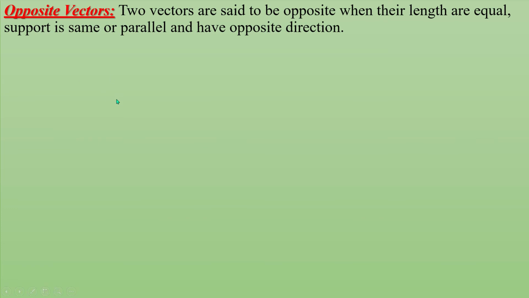Opposite vectors: the definition is almost the same as equal vectors, but the direction will be opposite. The other points are the same, that means length the same, support lines the same or parallel, but direction opposite.